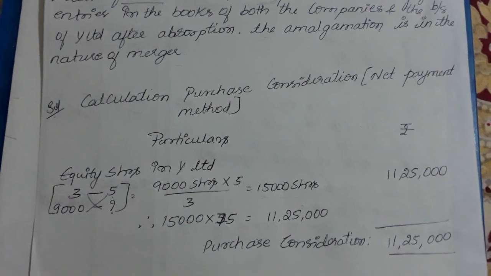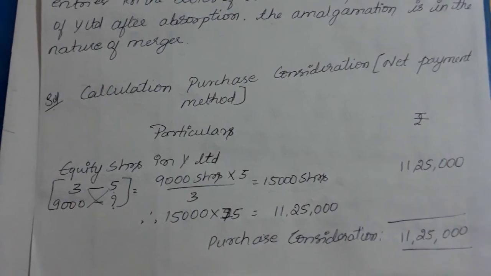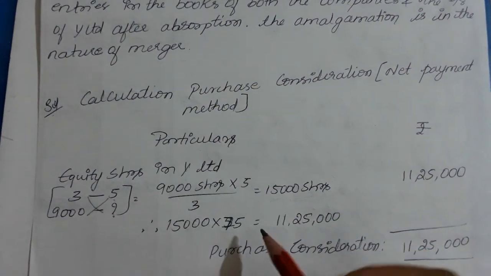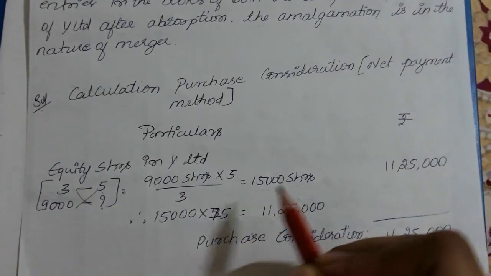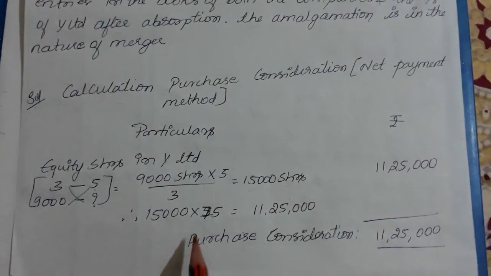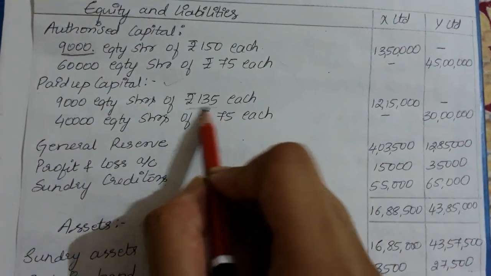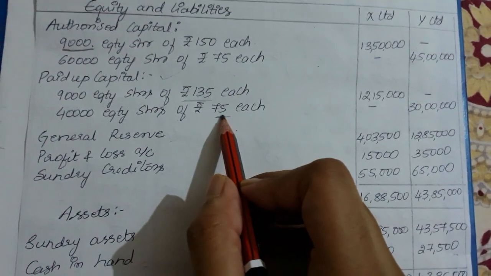So who is giving the 15,000 shares? Y Limited, the transferee company, the purchasing company, is giving the 15,000 shares. So how do we convert that into values? We cannot take 135. The value of each share of X Limited is 135, but the company giving the shares is Y Limited.